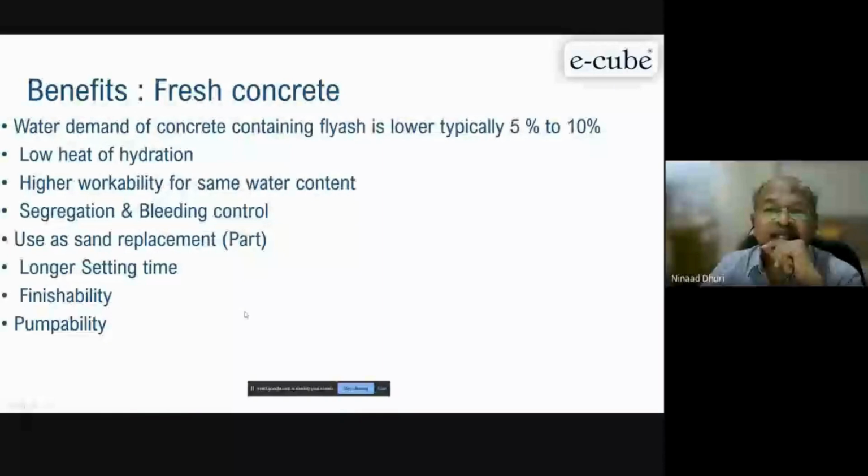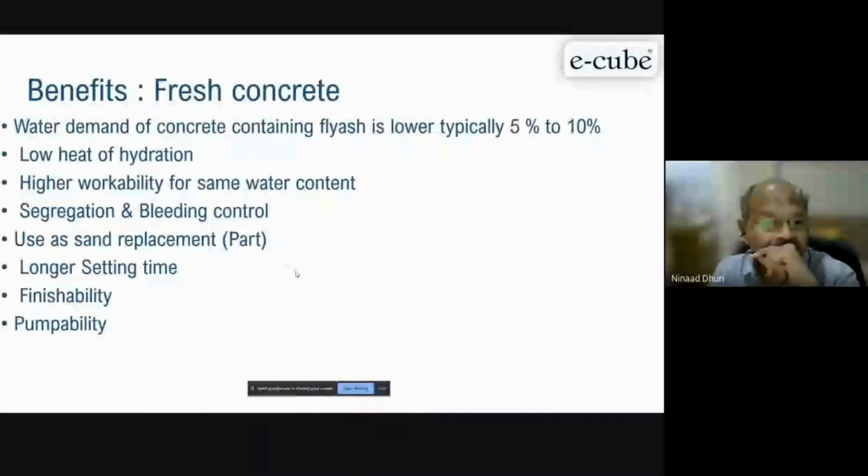Since they are reacting very slowly, maybe after 7 days or 3 days, your heat of hydration is lower, which is best for large pours, like very huge foundations, where I can use this at a replacement level of maybe up to 35% and reduce the heat of the total concrete, which will reduce the possibility of thermal cracking.